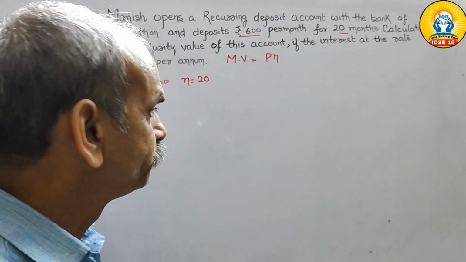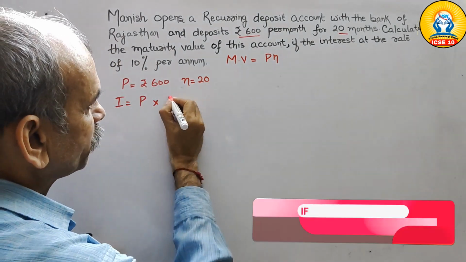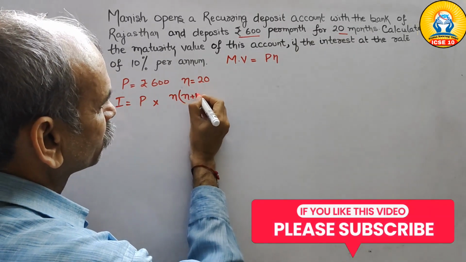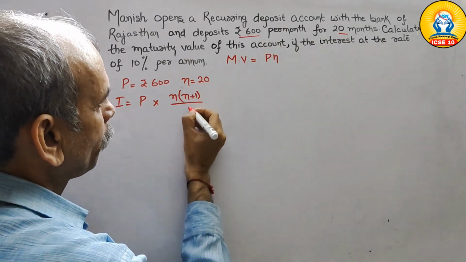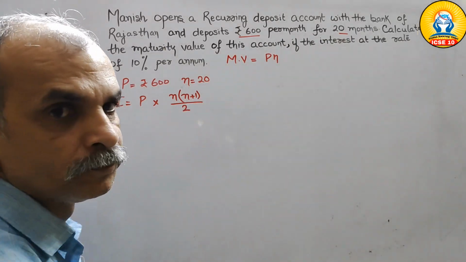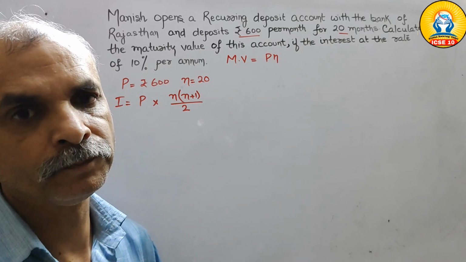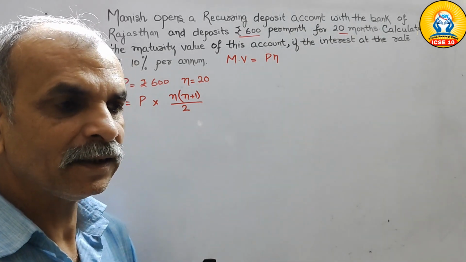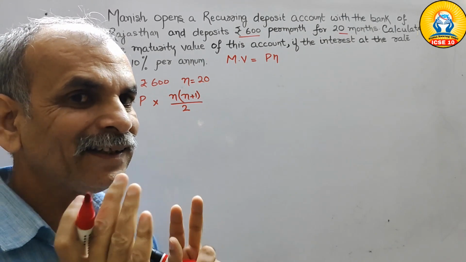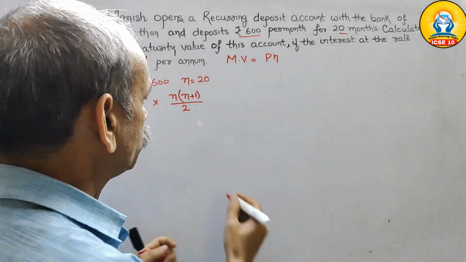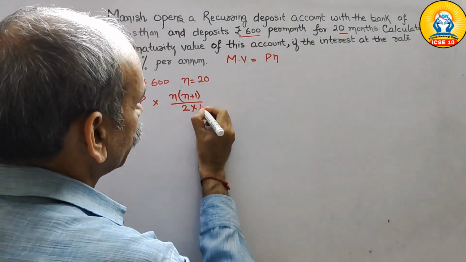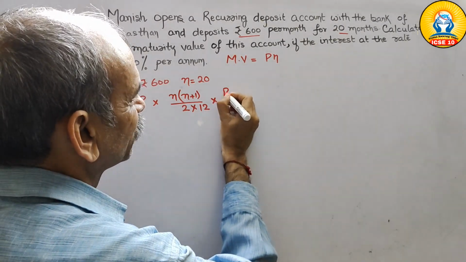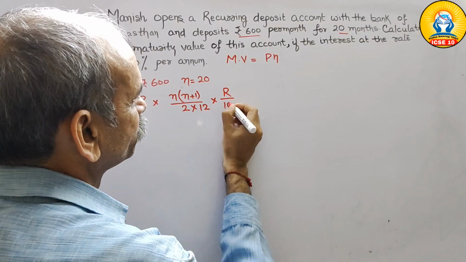That is nothing but N into N plus 1 by 2. And the number of months in a year is 12, so here it will come as into 12, into rate of interest, that is R by 100.